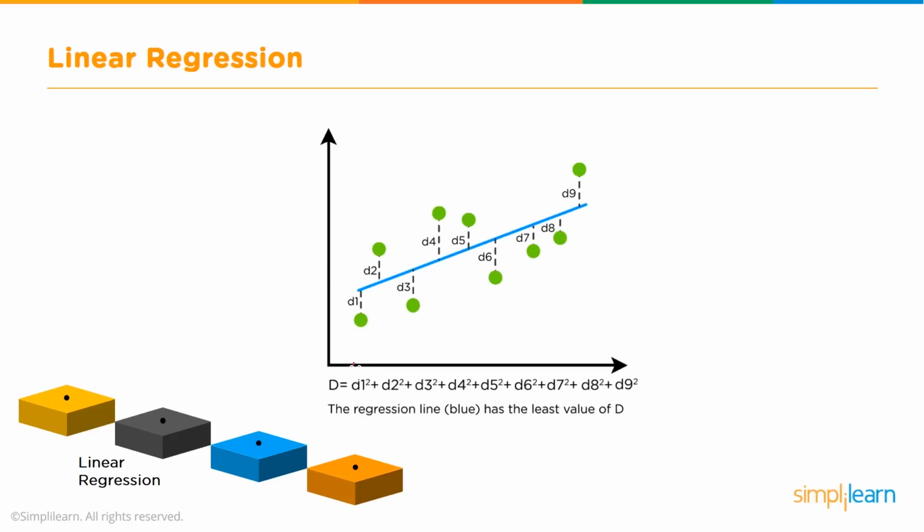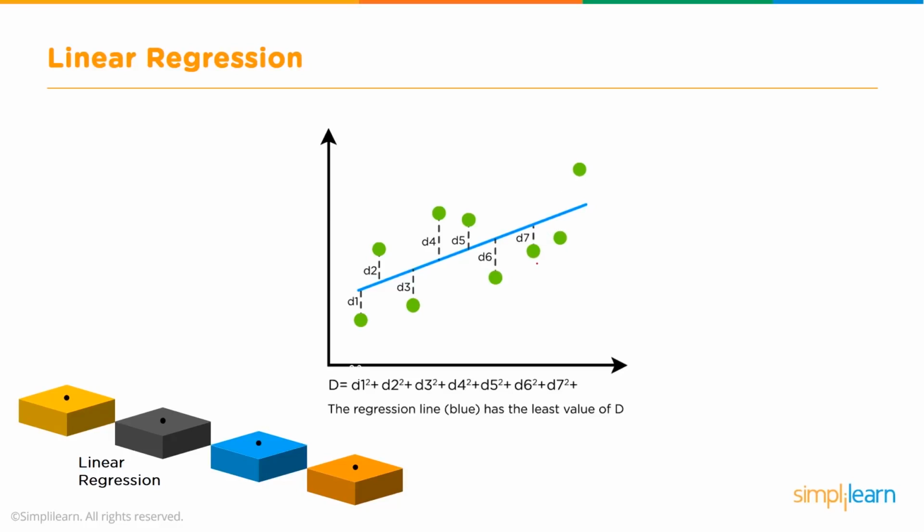Finally, we draw a line which is this blue line. Here we can see that the distance of the data points from the line is very less relative to the other two lines we drew. So the value of D for this line will be very less. So if we take any value on the x-axis, the corresponding value on the y-axis will be our prediction. And given the fact that the D is very low, our prediction should be good also.